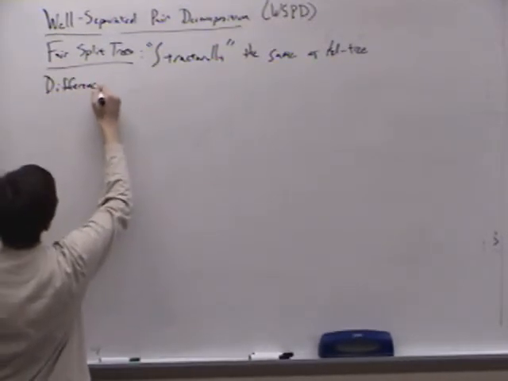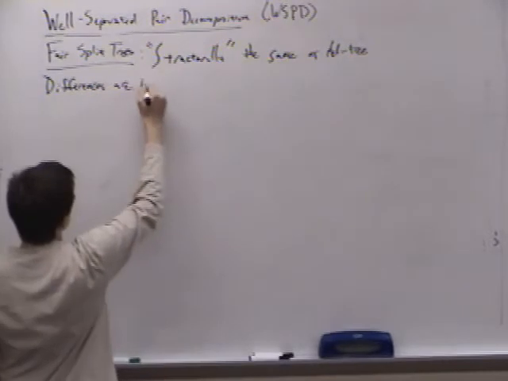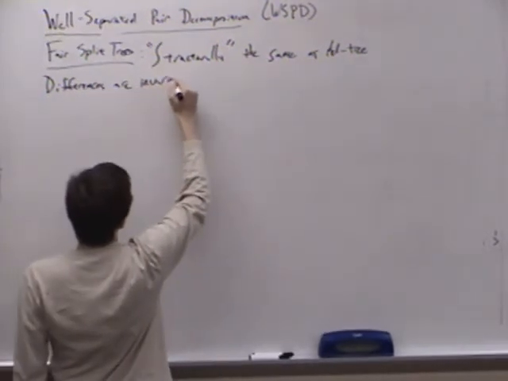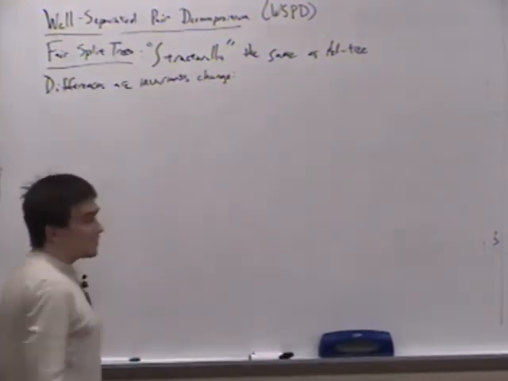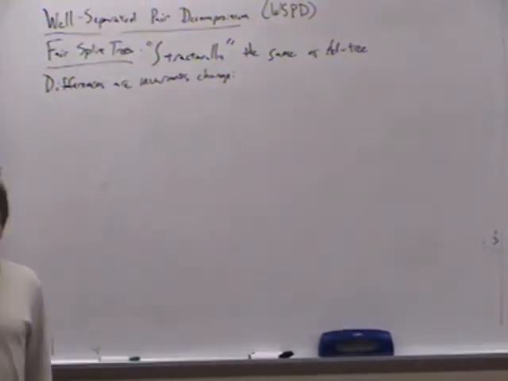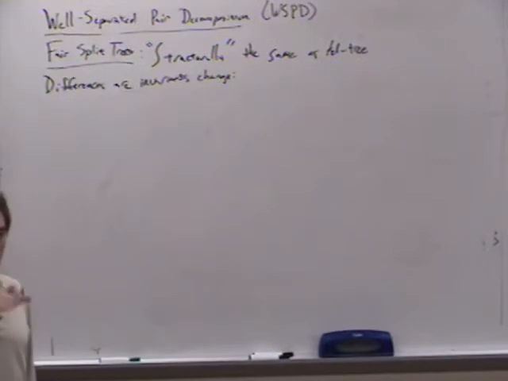The differences are that the invariants change. So in a KD tree, if you recall, we basically start with a point set, and then we keep recursively splitting along a different axis that we're going to cycle through.